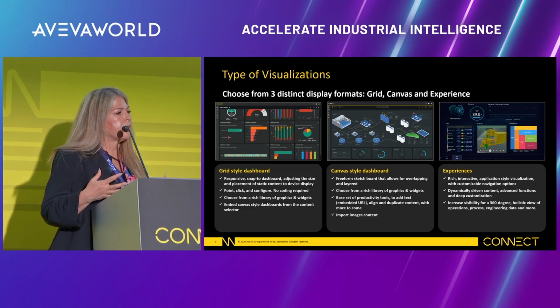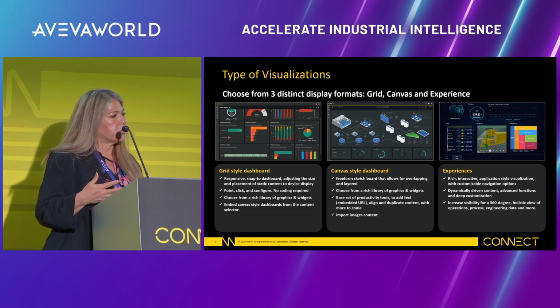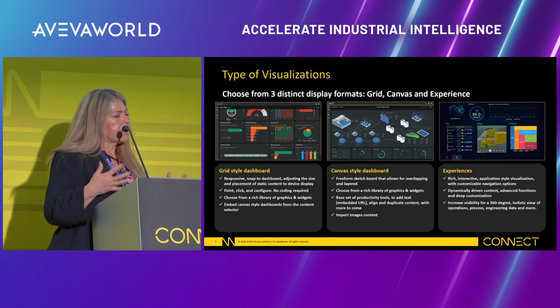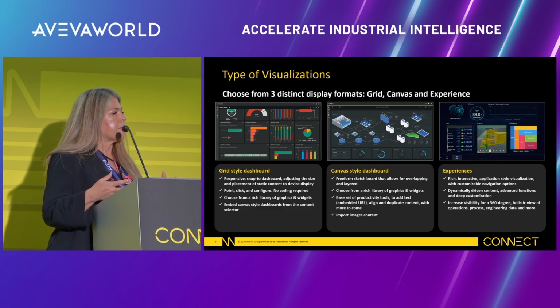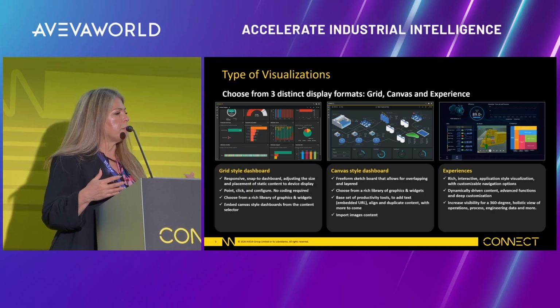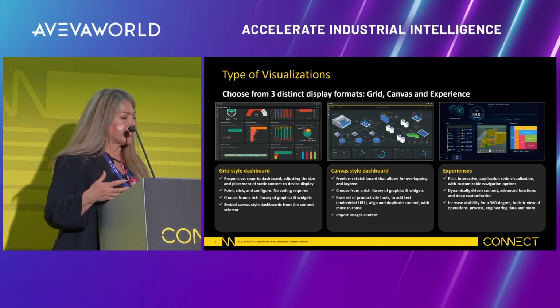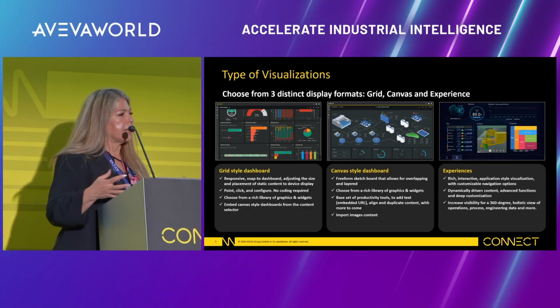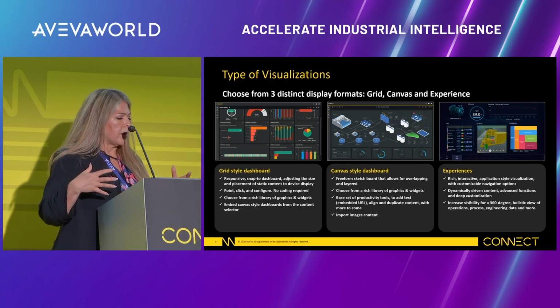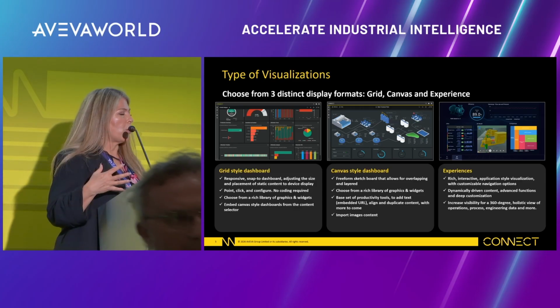When we talk about a canvas visualization or a canvas dashboard, this is more of a free-form canvas. We can overlay different images on top of each other, and I'll show you how that works in a moment. And with the canvas, we can import images from our PCs and incorporate that into a broader style of dashboard that will basically go end to end.